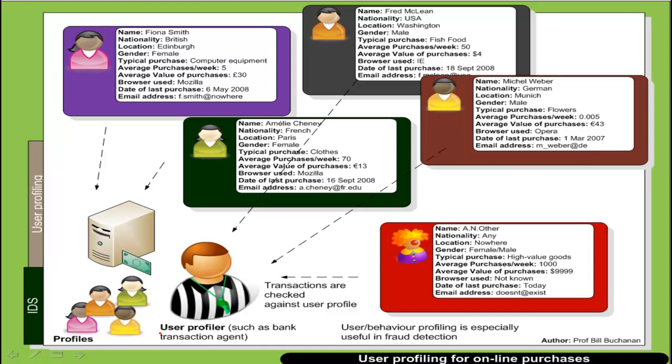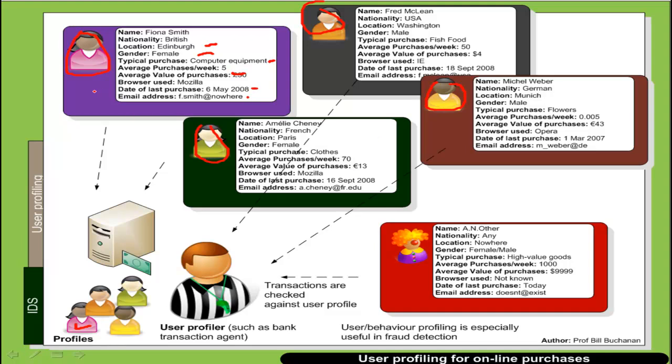One application of user profiling is where a bank might keep a profile for each of the users. In this case we have Fiona, Fred, Emily and Michael, who have certain profiles. The profile will define their location, their gender, what their typical purchases are, how many purchases they make a week, and so on.